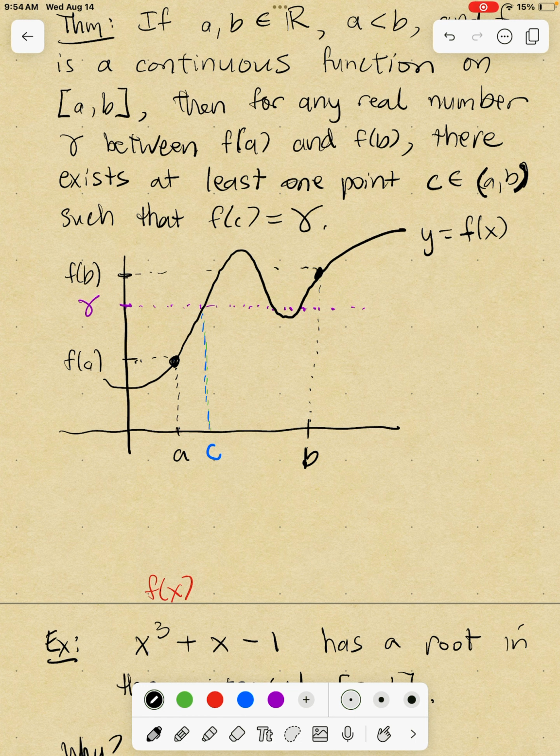What am I saying? 0 is our gamma. The intermediate value theorem says there exists at least one point in the interval from a to b such that f of c equals gamma.